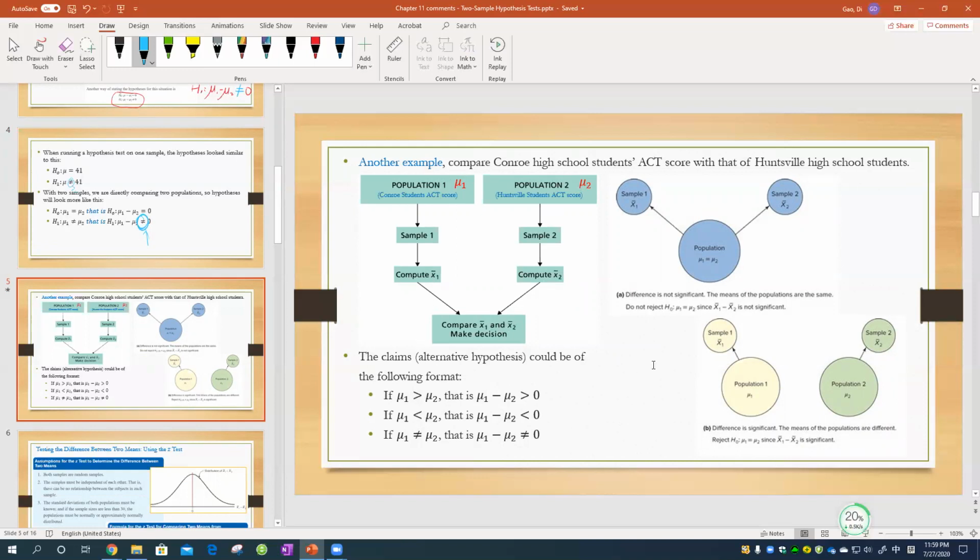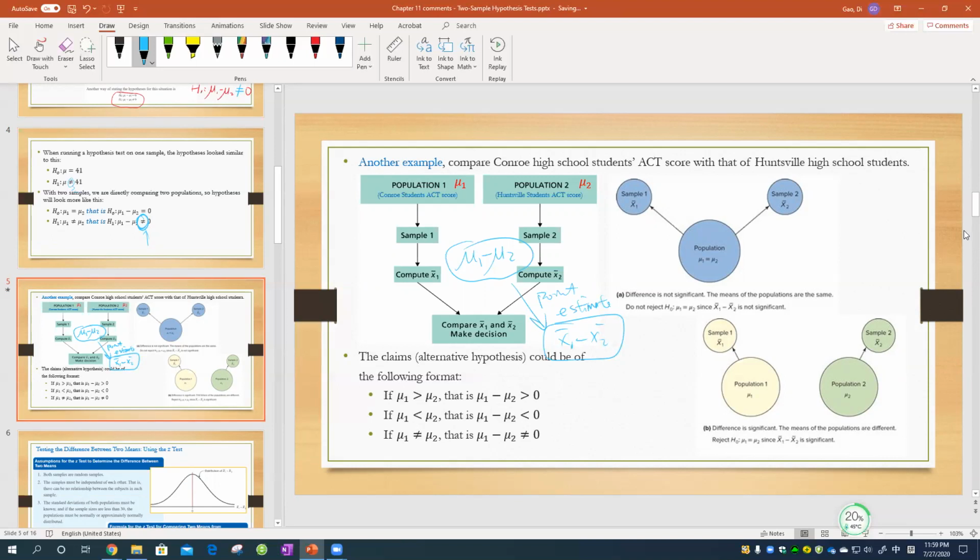If we want to compare whether mu1 and mu2 are the same, then we have mu1 minus mu2 as the difference, and the point estimate will be x1 bar minus x2 bar, just the sample mean difference.